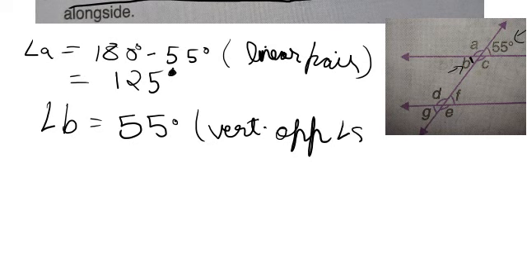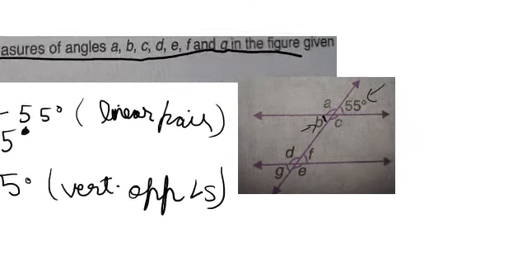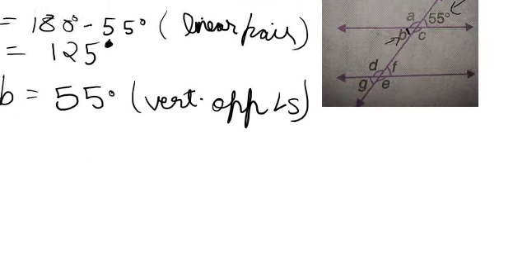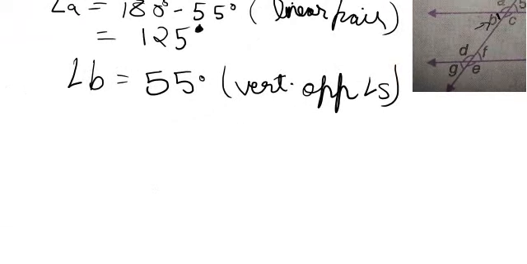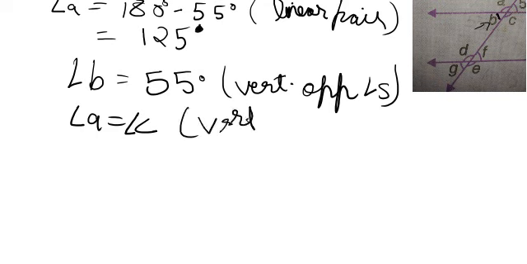Then C, so what will C be equal to? C will also be equal to A. You write it here that angle A equals to angle C, because the reason is again the same, vertically opposite angles, right?